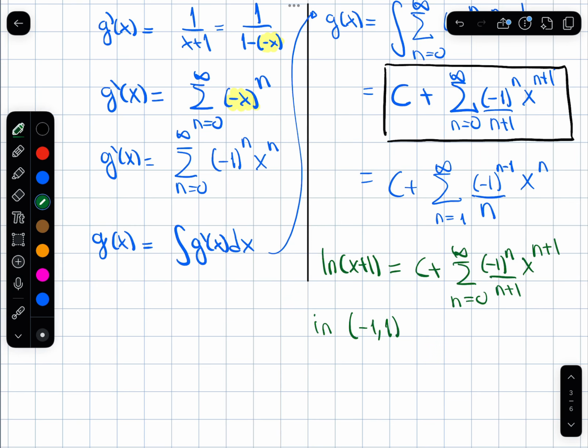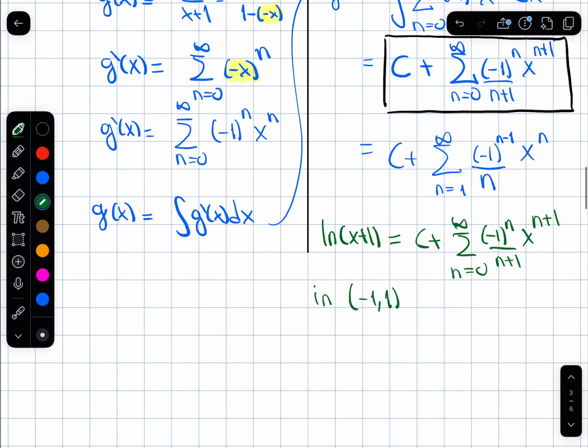It's all the same. So maybe if I plug in x equal to 0, then I should be able to find out what c is. I'm going to pick something within this interval, and I'll choose x equal to 0 to write this new equation and say that the natural log of 1 equals c plus the summation from n equals 0 to infinity.